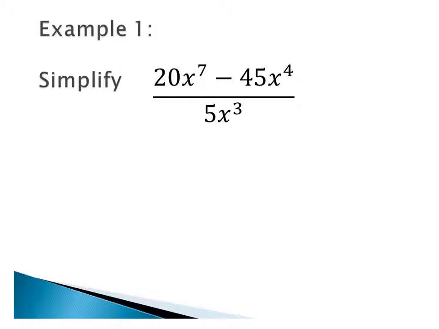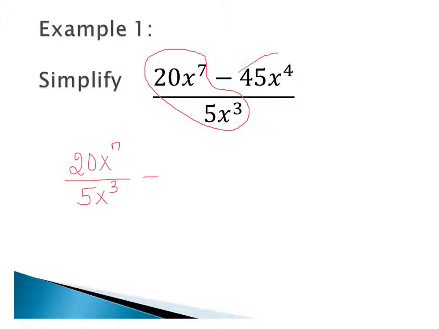So here I'm going to break this fraction up into two. My first fraction is 20x to the 7th over 5x to the 3rd, minus 45x to the 4th over 5x to the 3rd. I'm breaking this fraction up into two so that I can then simplify.